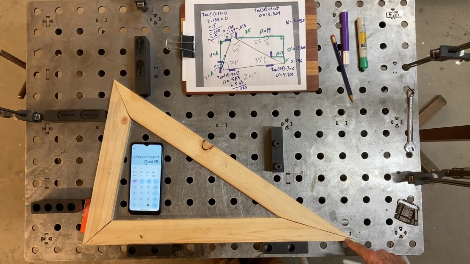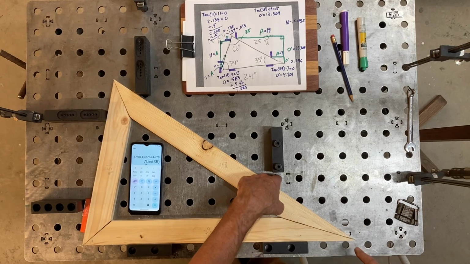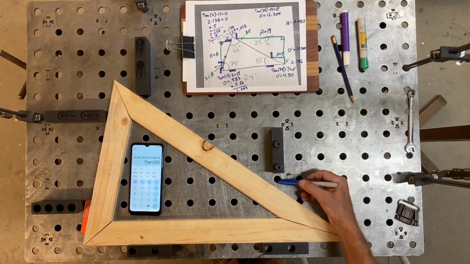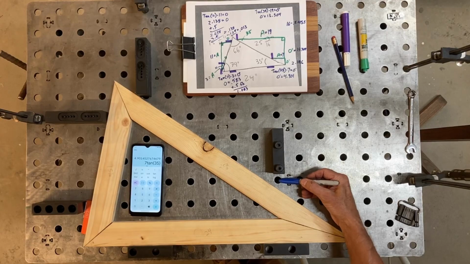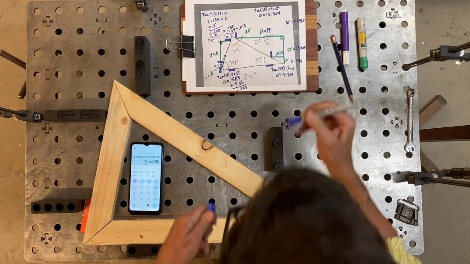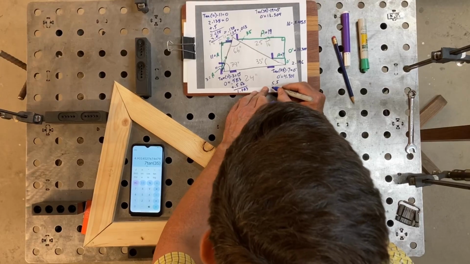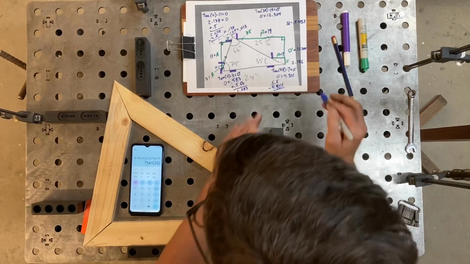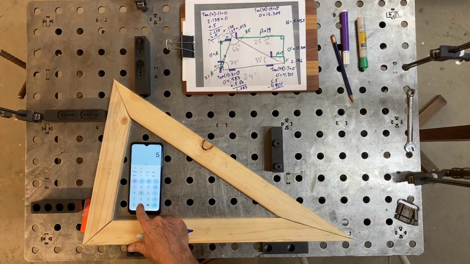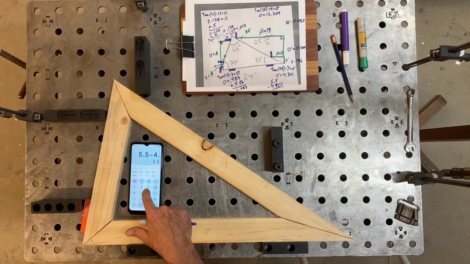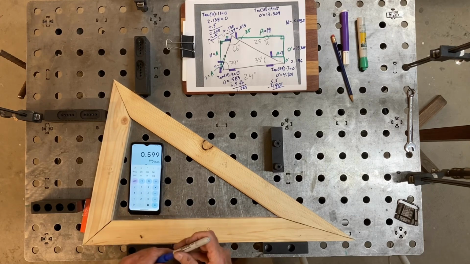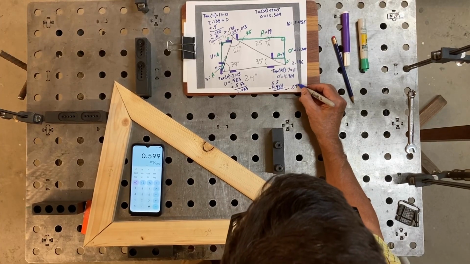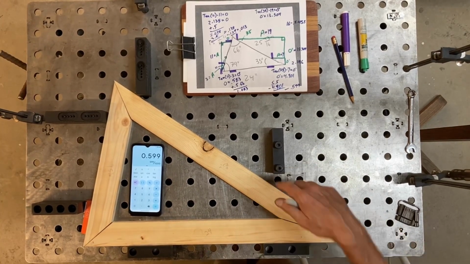We know this hole right here is 2, 4, 6 inches minus the 1/2. So the center of this hole is 5.5 from our edge. So we take the 5.5 and we're going to subtract the 4.901. 5.5 minus 4.901 gives us 0.599 from the center of this hole.